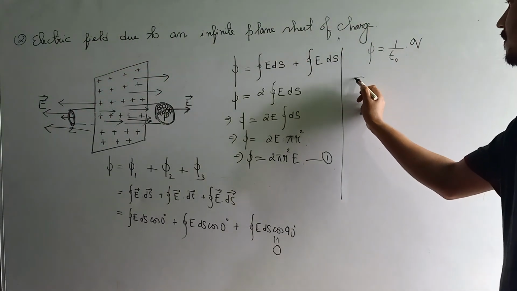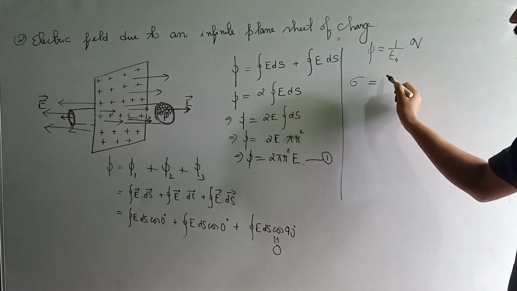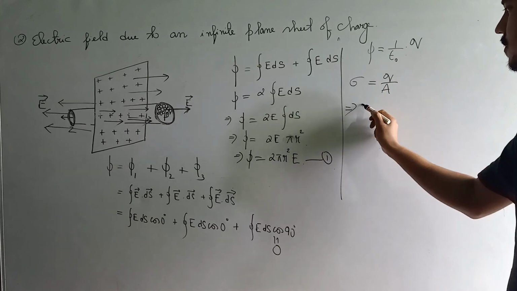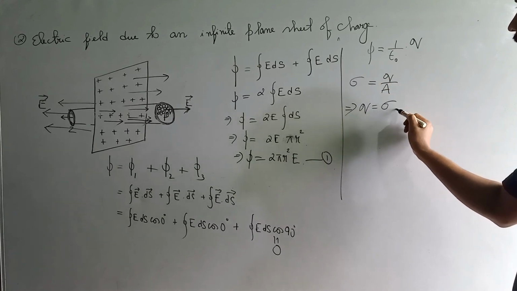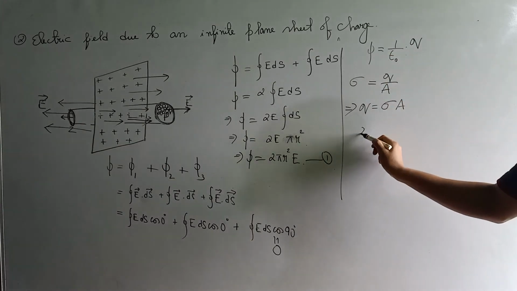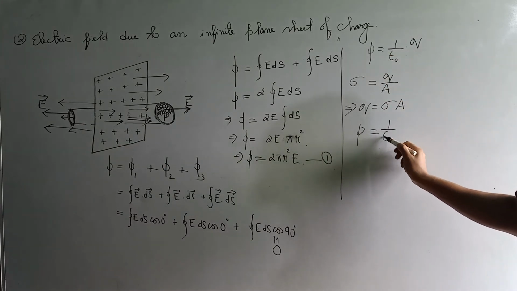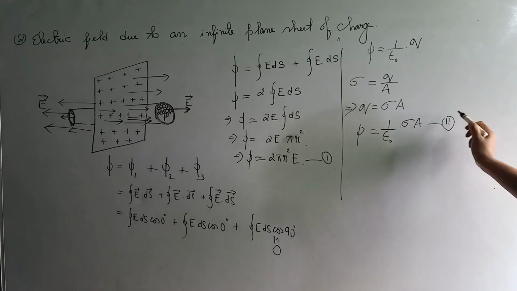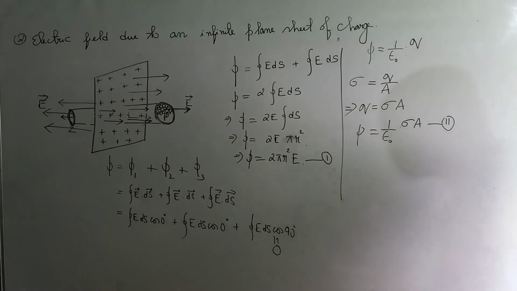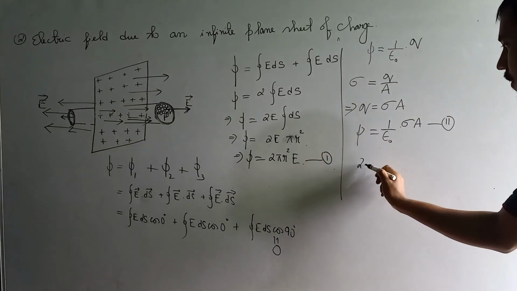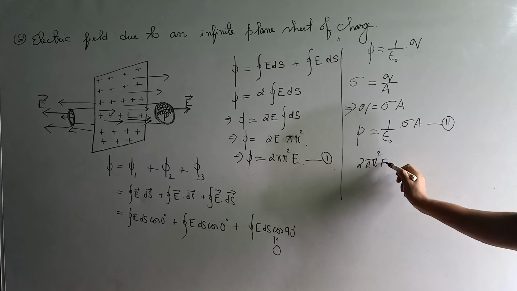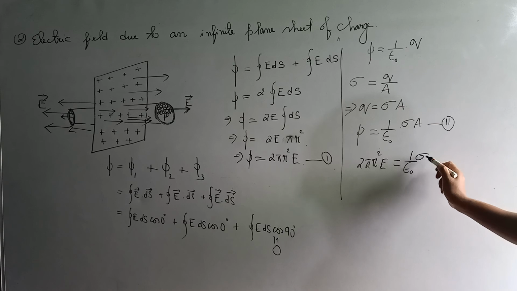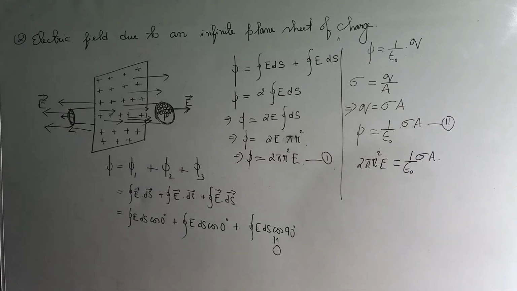So sigma is equal to Q upon A, charge per unit area, so your Q will be sigma A. So your phi will now become 1 by epsilon naught times sigma A. Equation number 2. From 1 and 2, if we compare equations 1 and 2, then 2 pi r square times E will be equal to 1 by epsilon naught sigma times A, right? Is it okay?